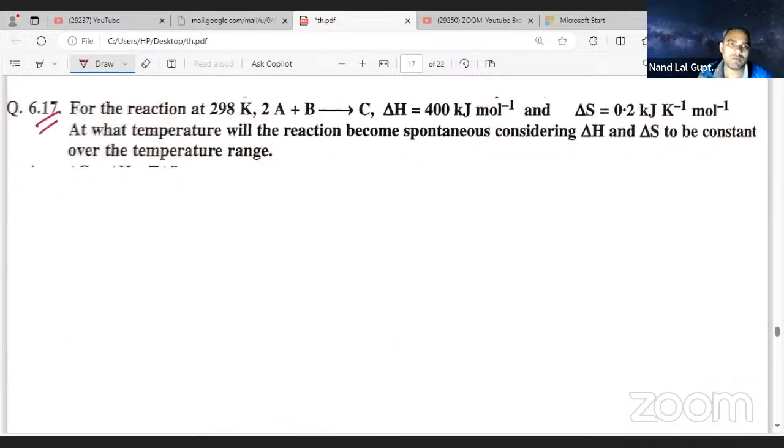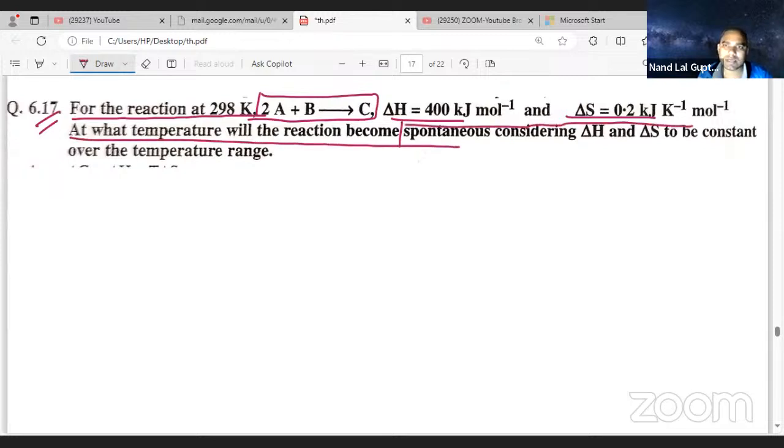Question: for a reaction at 298 Kelvin, 2A plus B gives C, delta S is 0.2 kilojoule per Kelvin per mole. At what temperature will the reaction become spontaneous, considering delta H and delta S are constant over the temperature range?